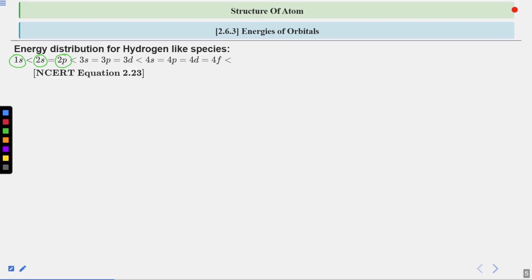And lastly, 4s, 4p, 4d and 4f have the same energy. So the energy only changes when we change the shell number from 1 to 2, 2 to 3, 3 to 4. Very important point, remember this: this is only true for hydrogen-like species and not for other species which have multiple electrons, meaning more than one electron.